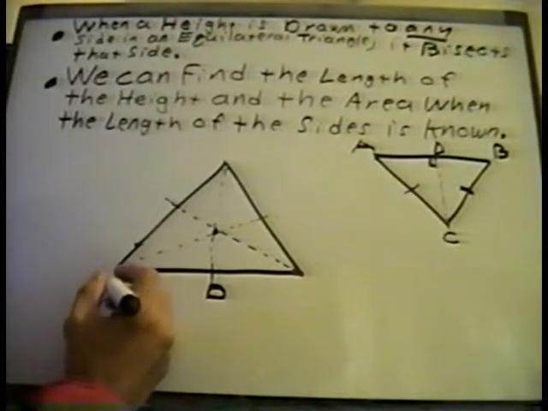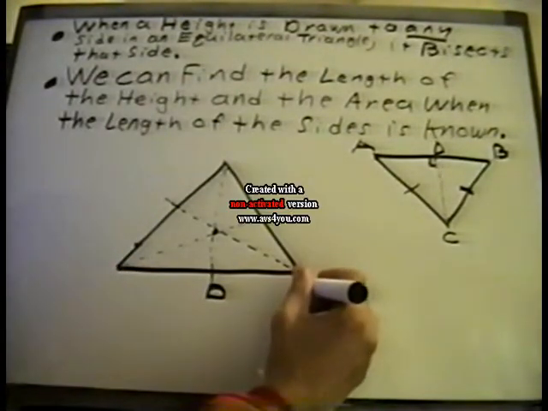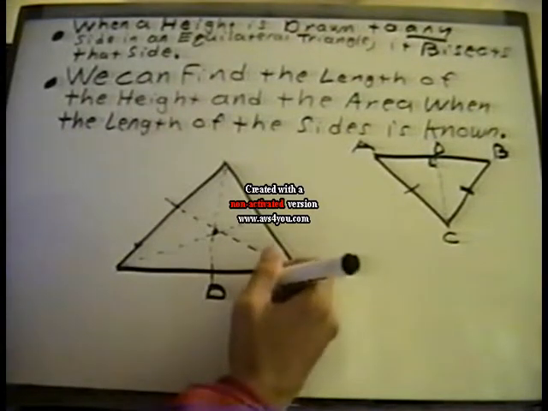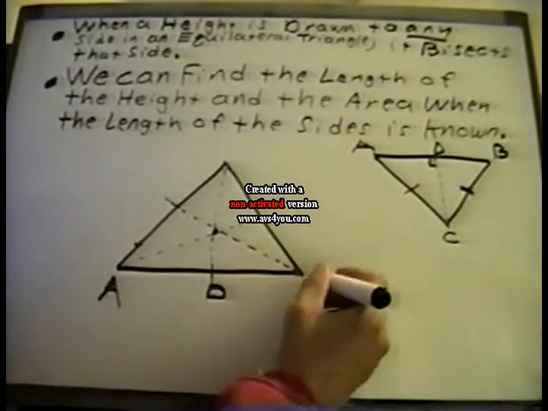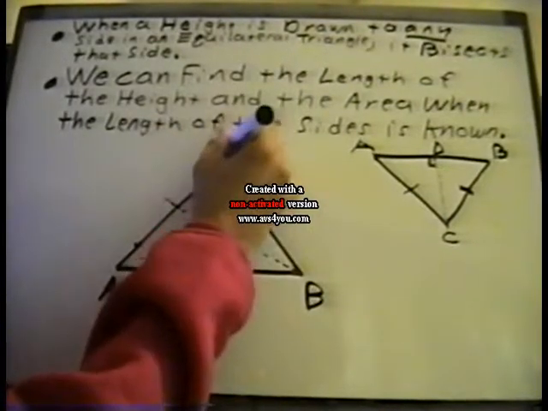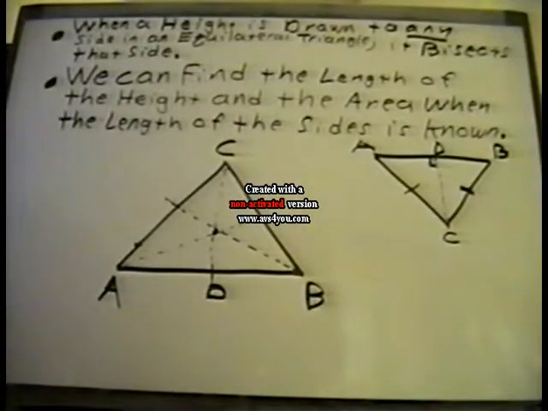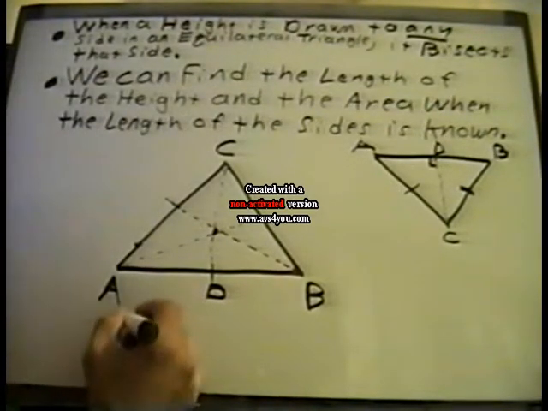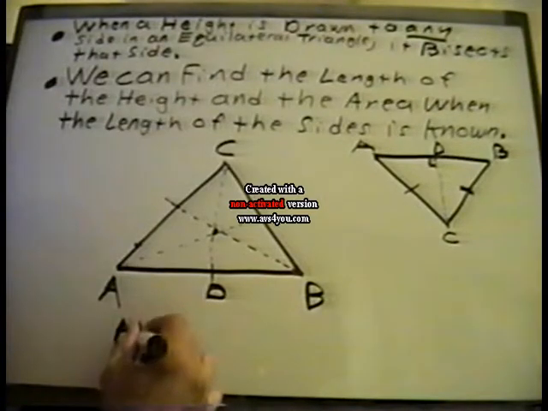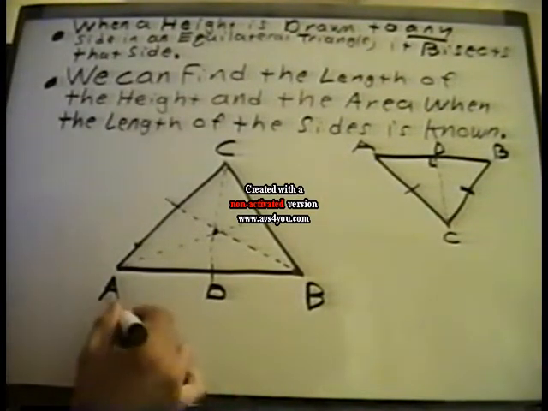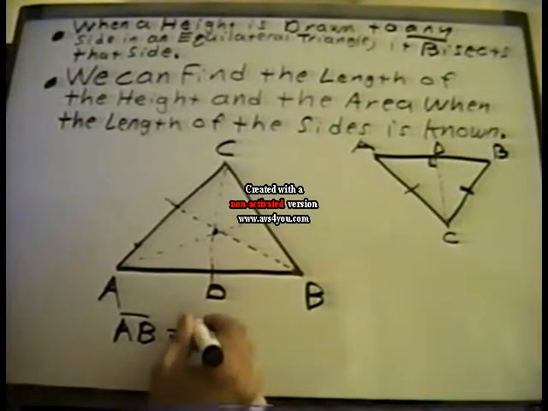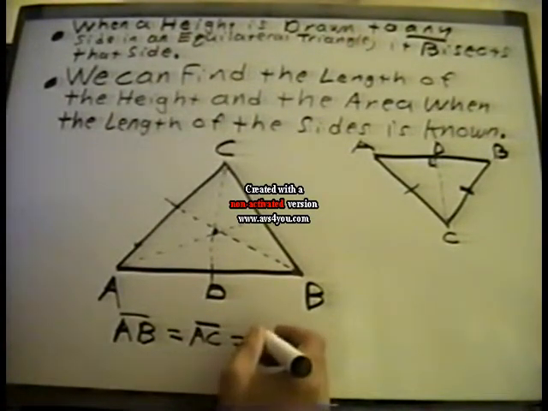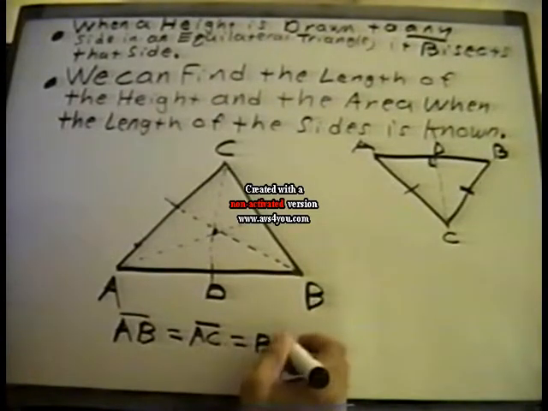Now this would be A, B, C. So AB is equal to AC, which is equal to BC.